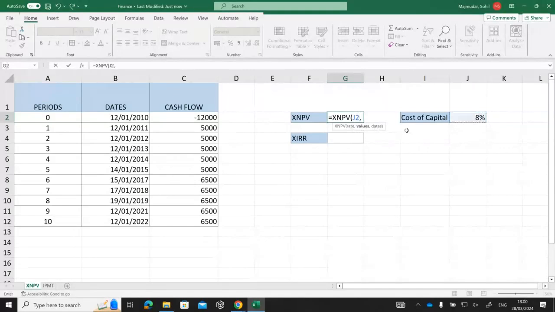Then put a comma and select your entire column of cash flow. Then put a comma and select the entire column of dates.